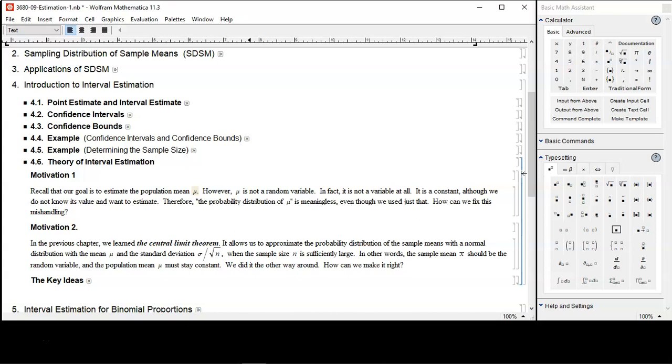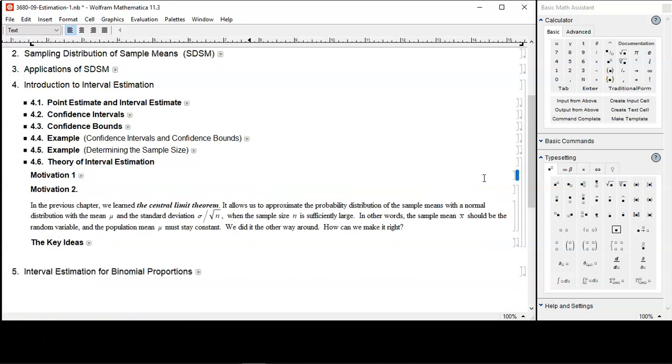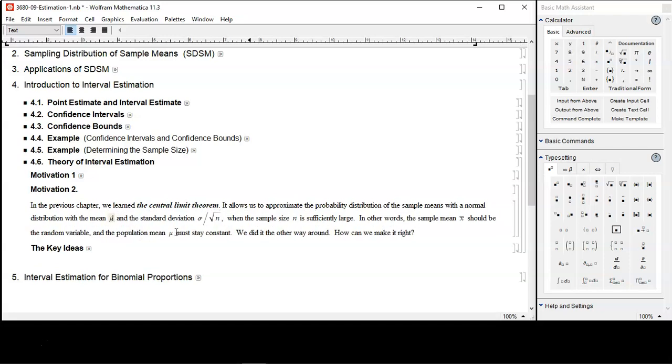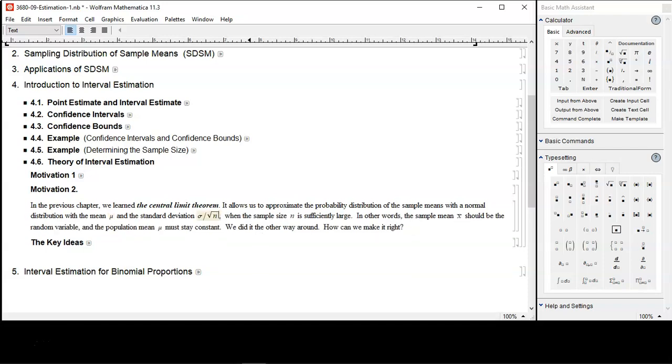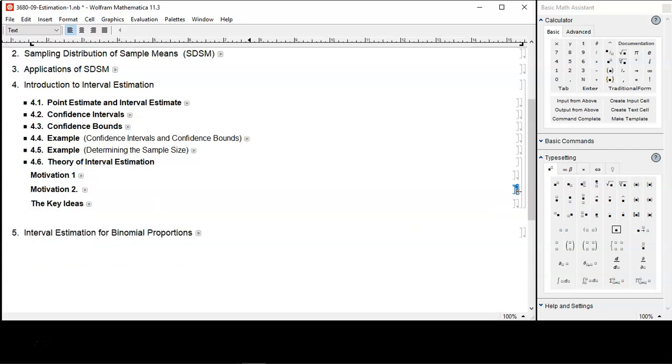Motivation number 2, we have the central limit theorem, and that says the sampling distribution of sample means, x bar, is distributed around the population mean mu. So centered at mu with the standard deviation, which we call the standard error, sigma over square root of n. So the center should be mu. But apparently, from the previous picture, it's not what we did. How do we make it right?